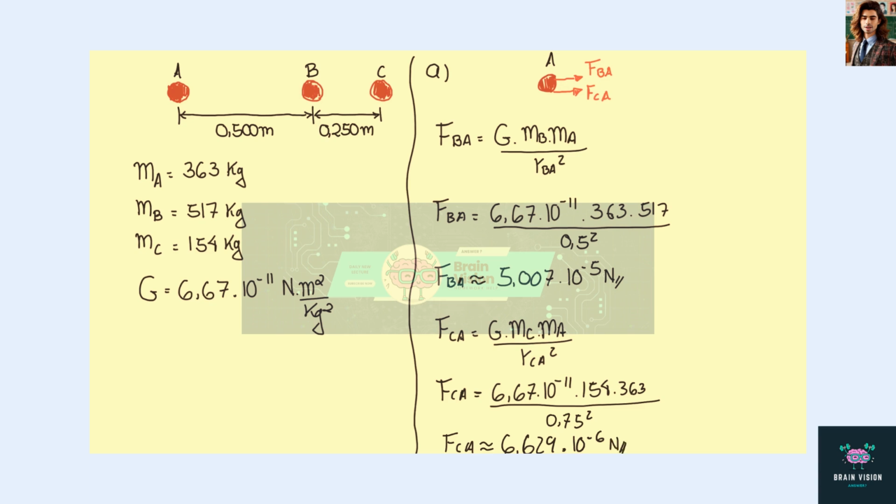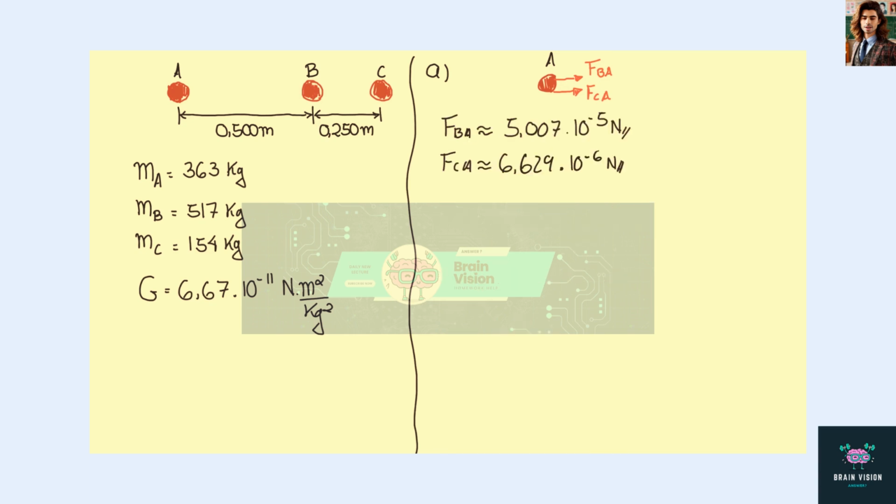Now let me organize the board. Now I have to choose a reference to calculate the net force. So I will choose that everything that is pointing to the right is positive, and as a consequence, everything that is pointing to the left is negative. Therefore, the net gravitational force that is acting on particle A is given by FBA plus FCA, because both of these forces are pointing to the right.